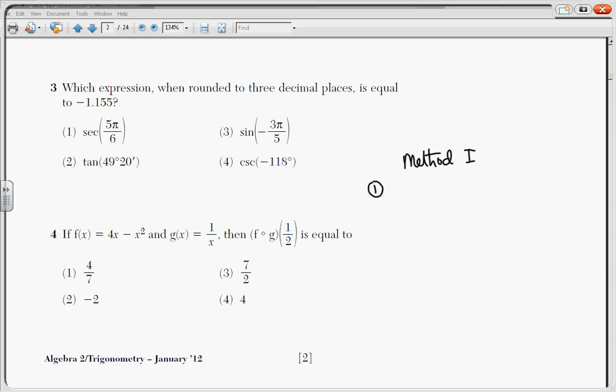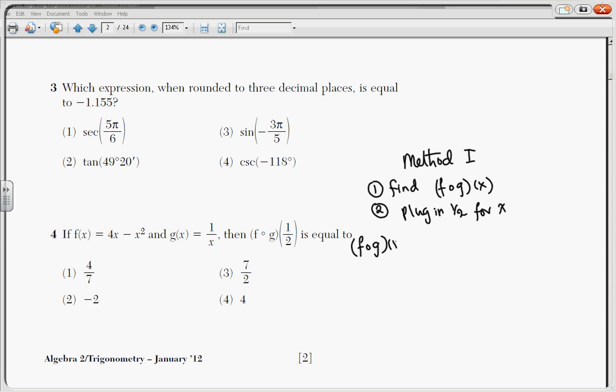You first of all find f composed with g of x, and then second, plug in 1/2 for x. So let's do that. What is f composed with g of x? What does this mean?